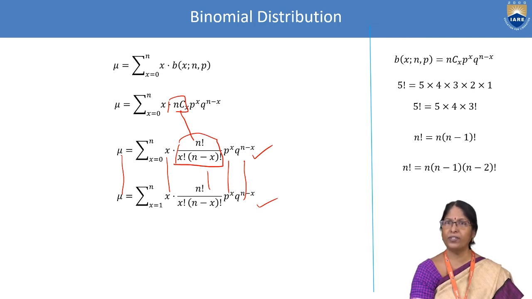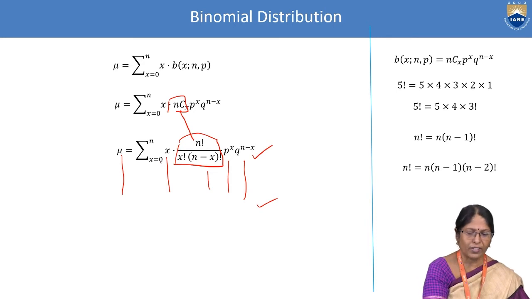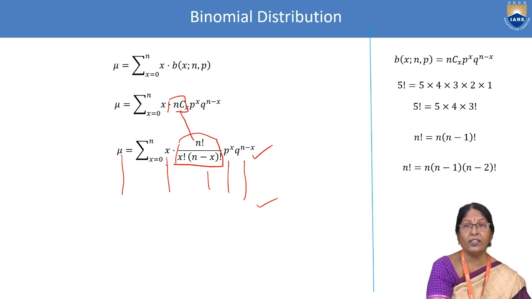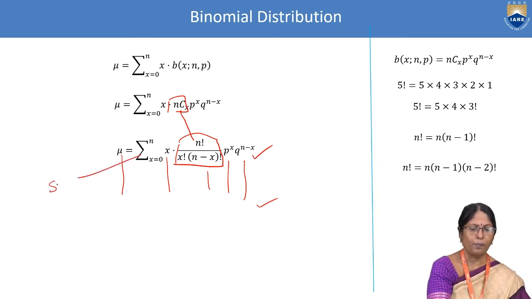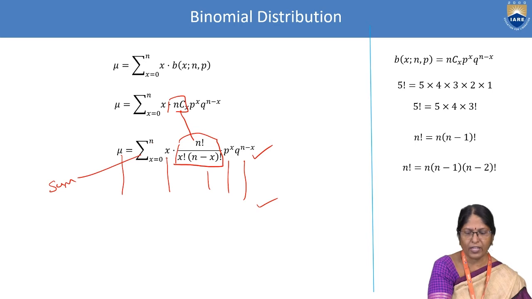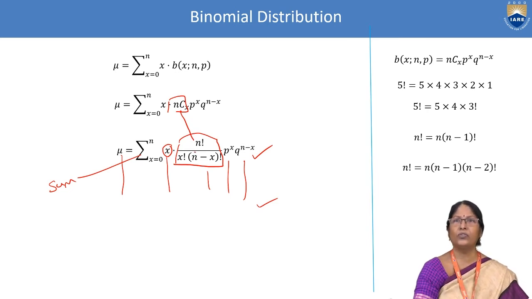The simple reason: we are substituting 0 in the x place, because x is taking values from 0 to n. That is the meaning of the summation symbol, sum x from 0 to n. When we put x as 0, 0 into anything is 0.